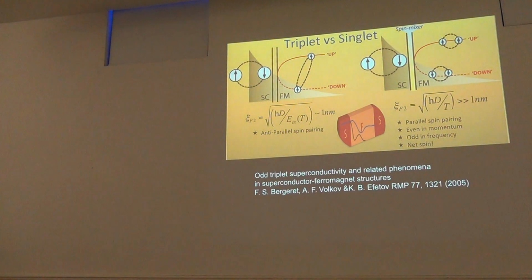And also something very interesting from the fundamental point of view is that for these junctions, it's expected that if properly built with spin mixers, you may have triplets passing through the barrier, with all that it means in terms of possible advantages and fundamental physics. And there are different groups.